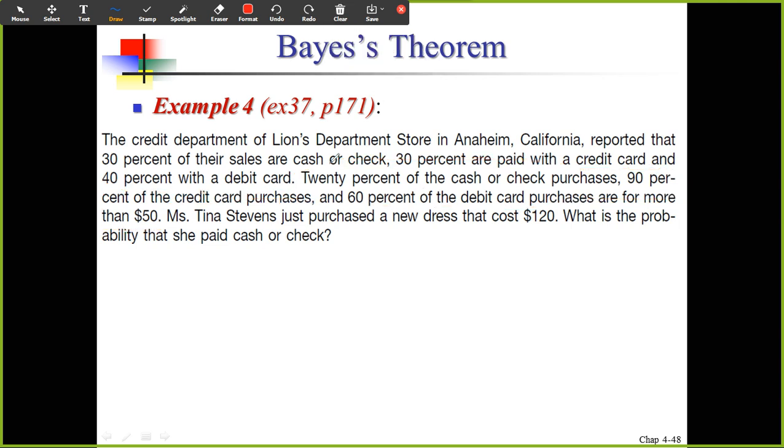Okay, so this is the question. Miss Tina Stephen just purchased a new dress, cost 220. The price 220 means she spent more than $50, so her case is included in our study.